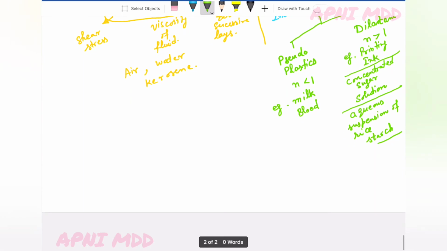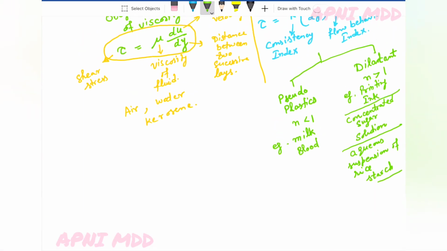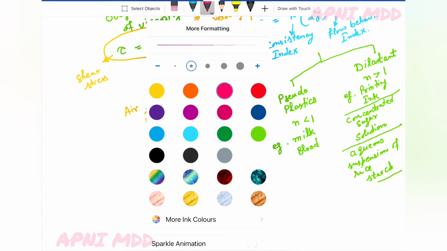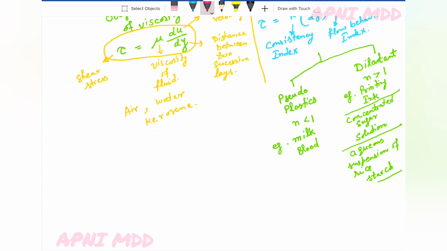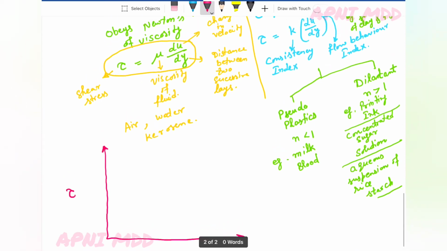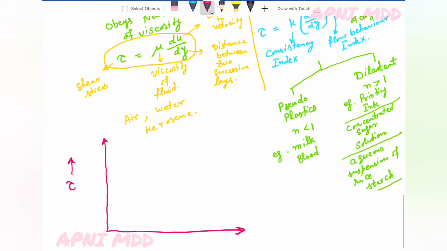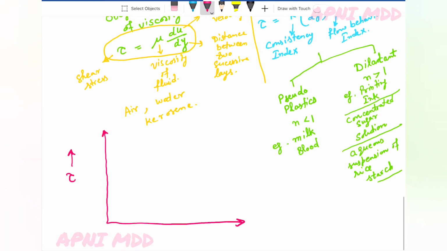Now, if we try to draw a graph or a plot, that plot is between tau along the y-axis, that is the shear stress, and du divided by dy along the x-axis.